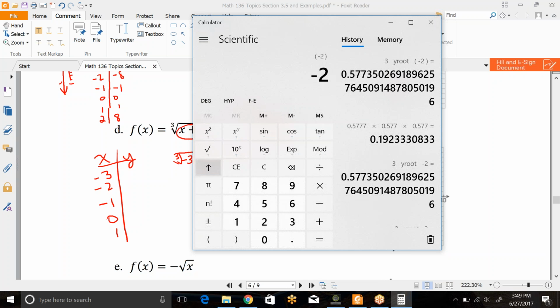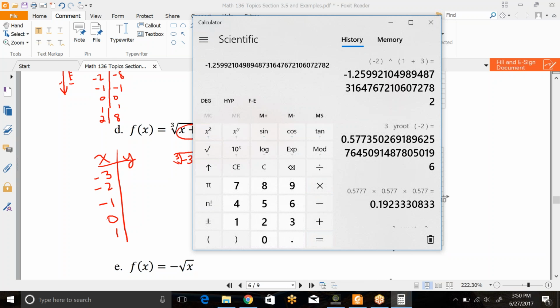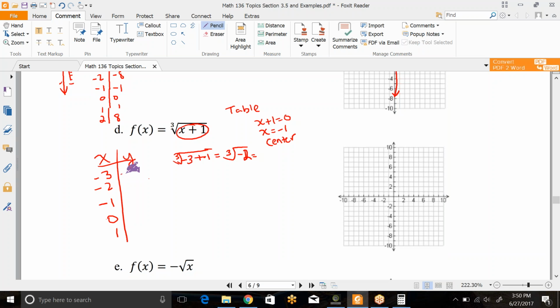And let's try the cubed root this way. Oh, nope. I guess I could raise it to the 1/3 power. That would be quicker. So -2 raised to the 1/3 power. Divided by 3. And that is negative, yeah, so the first time was correct. So -1.3. Sorry about that. So -1.3. Okay, the next one will come out nicer.